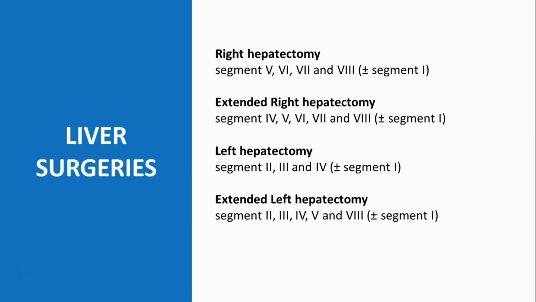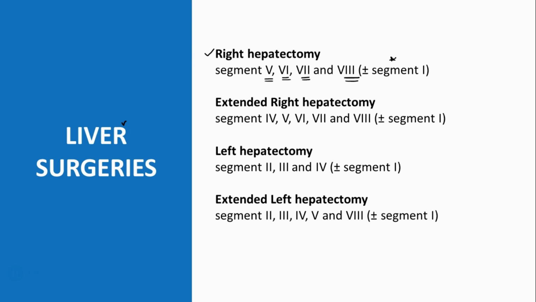So as we are discussing liver surgeries, let me give you the segments which are removed in named surgeries like this. When it comes to right hepatectomy, what are the right sided segments in the image? Most right is 5 and 8, and somewhat right and posterior is 6 and 7. So these are the 4 segments which are removed in right hepatectomy.